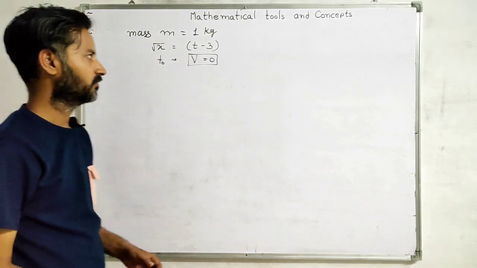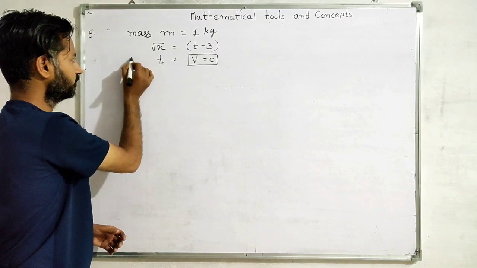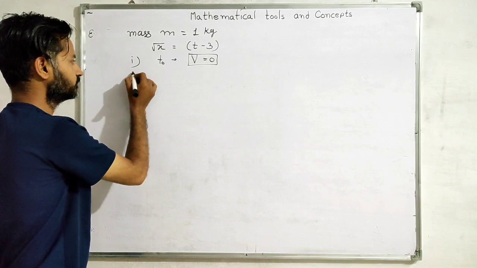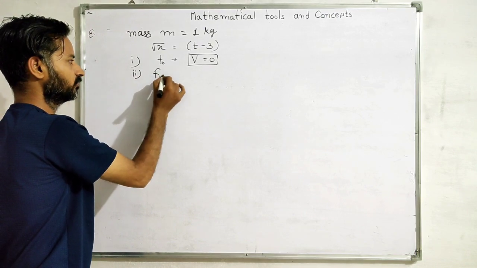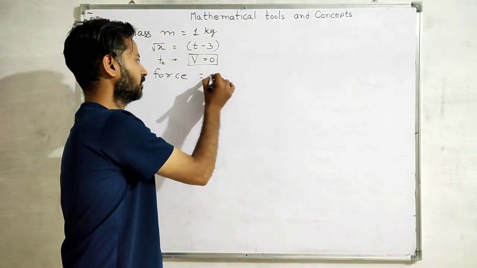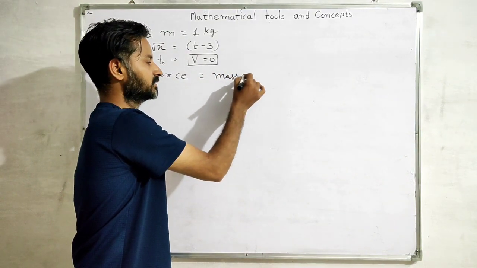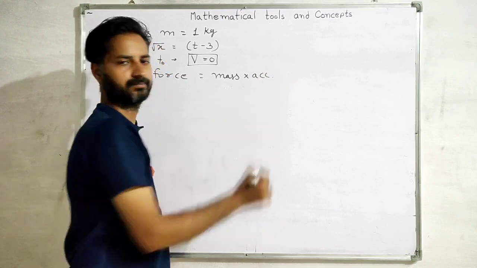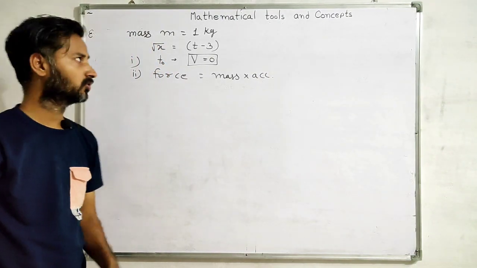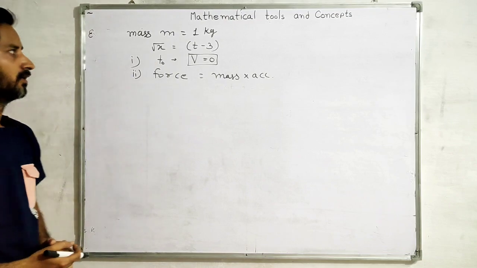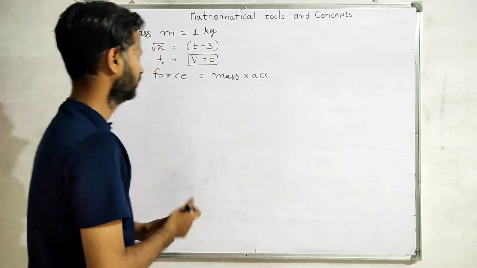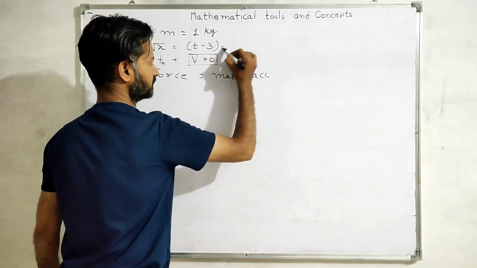And we also want to find the force acting on this object, and force is given by mass multiplied by acceleration. So for getting the function of velocity, first we will simplify this.